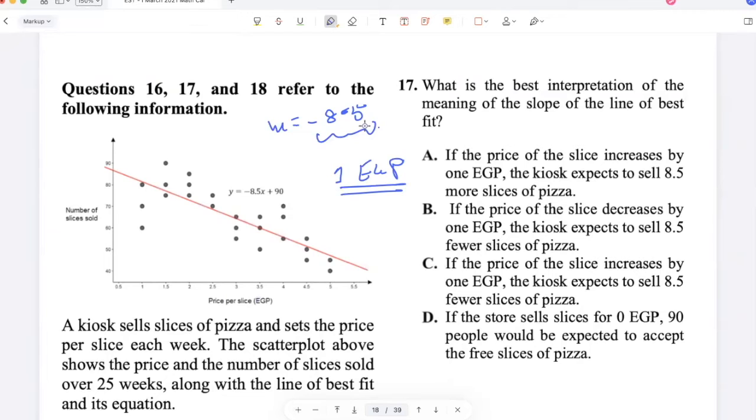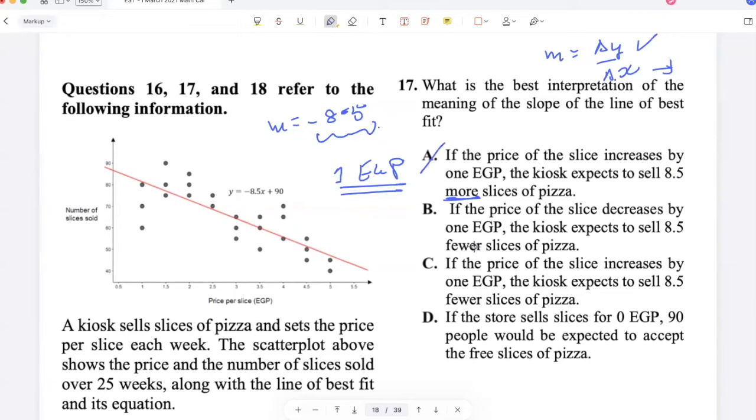Because slope is delta y over delta x. So an increase in x value by 1 results in a decrease in y value of whatever the slope is. So if the price of the slice increases by 1 Egyptian pound, the kiosk expects to sell 8.5 fewer slices.